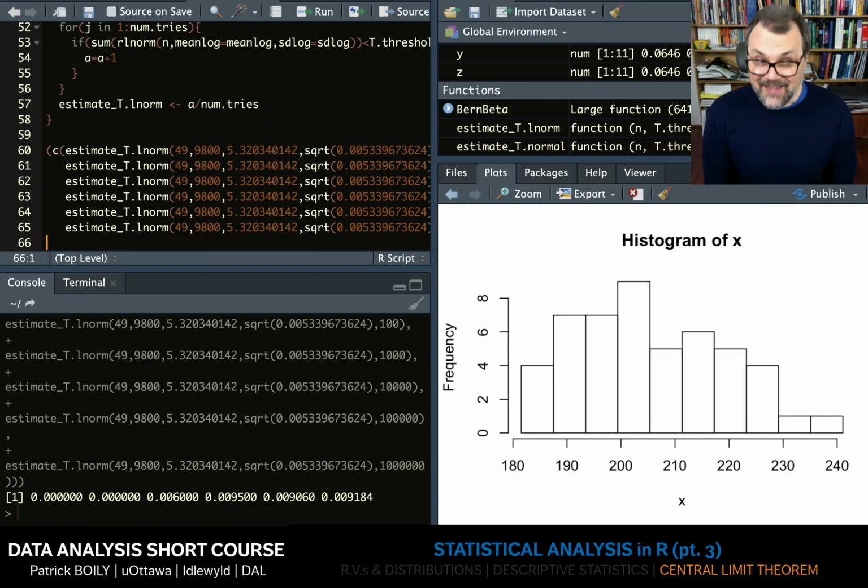Now, according to the central limit theorem, the distribution of that mean is approximately normal. It's exactly normal if the underlying population is normal, but if the underlying population is not normal, then it's approximately normal. The mean of that distribution would still be 205, but the variance would be 15 squared, 15 being the standard deviation of the underlying distribution, squared to get the variance, divided by the number of observations.